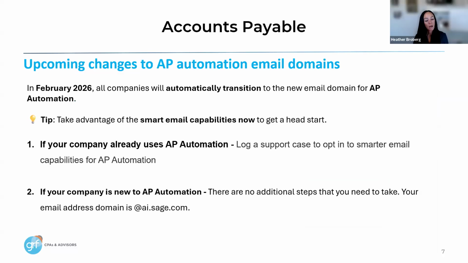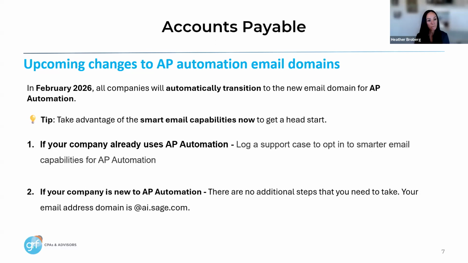All right. Another feature I wanted to mention regarding accounts payable is some upcoming changes to the AP automation email domains. So for those of you that are already leveraging AP automation, you're aware that you had an email domain. For those that are not leveraging yet, you're not technically impacted, but it's good for you to know in the event that you intend to.